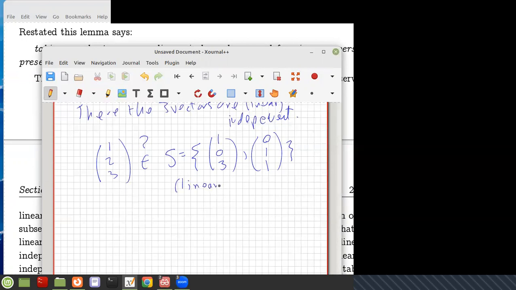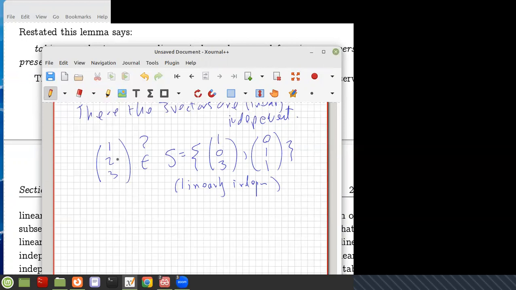If there are only two vectors, they're linearly independent if they're not multiples of one another. So you can't write either of these as a multiple of the other. So these are linearly independent.